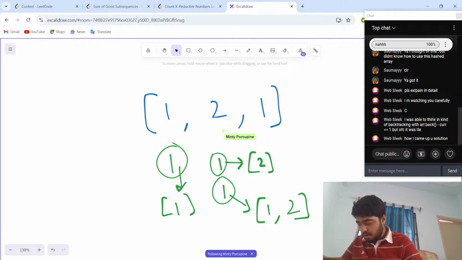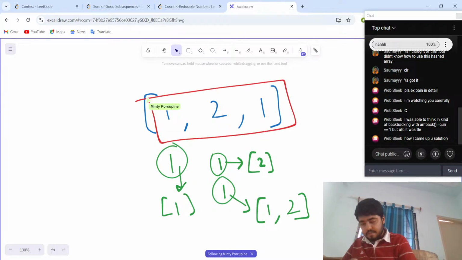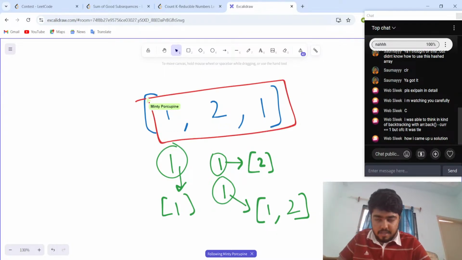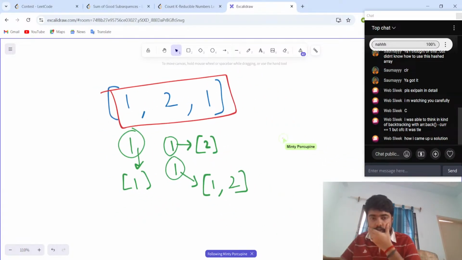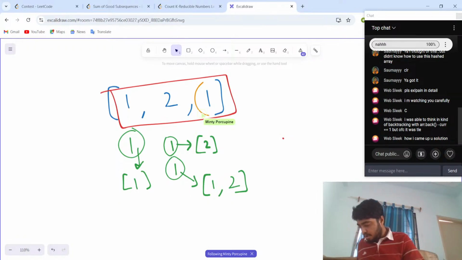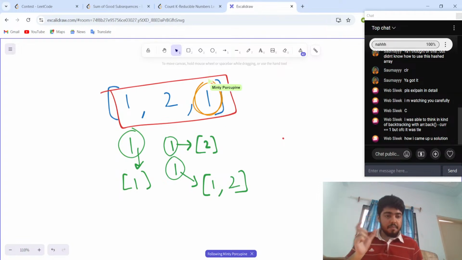Now comes the most important part, that we are going to consider all of them together. I'm doing it in red so that you understand it better. Now we have to find out what this 1 can be paired with.